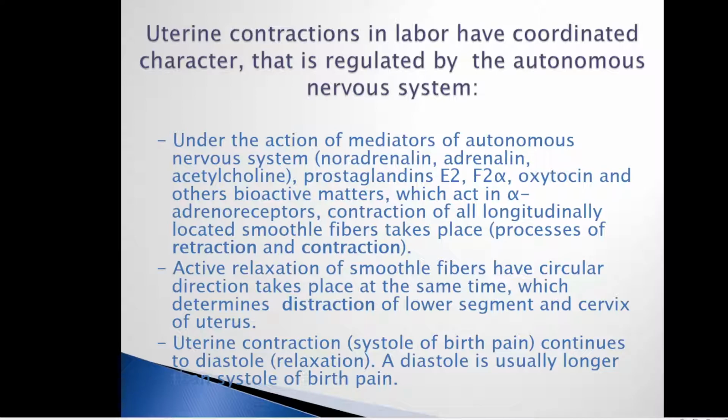Uterine contractions in labor have coordinated character that is regulated by the autonomous nervous system. Under the action of mediators of autonomous nervous system, prostaglandins E2, F2 alpha, oxytocin, and other bioactive matters which act on alpha adrenal receptors, contraction of all longitudinally located smooth fibers takes place.